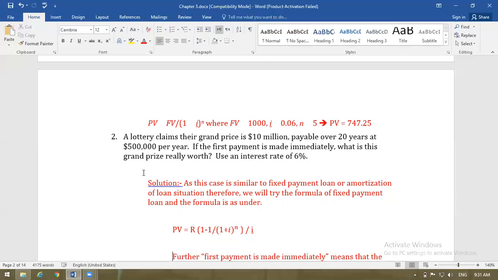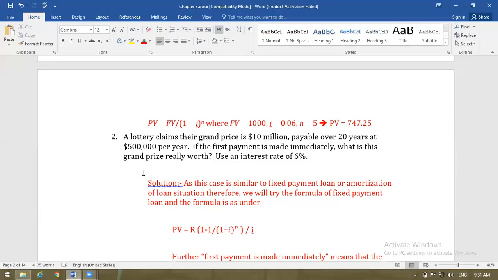So basically this question is to find the present value of this 10 million, which will be distributed in 20 years at 5 lakh per year. So this case is the fixed payment case, because its maturity is given, periodic payment is given, interest rate is given.